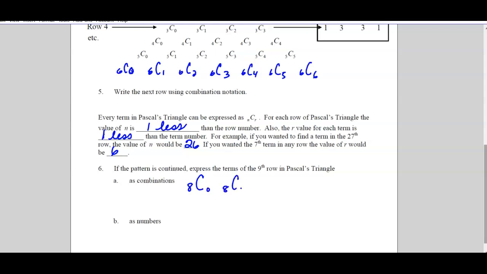Then 8C1, 8C2, 8C3, 8C4, 8C5, and then 8C6, 8C7, 8C8. If it's the 9th row, you should have 9 terms. Count them up if you missed one. 1, 2, 3, 4, 5, 6, 7, 8, 9.